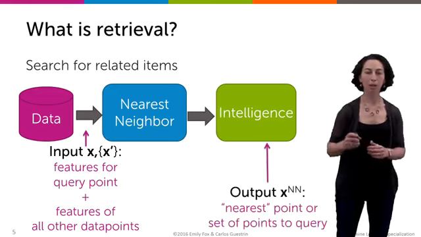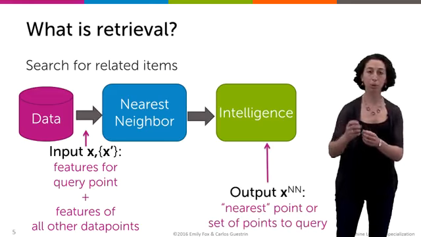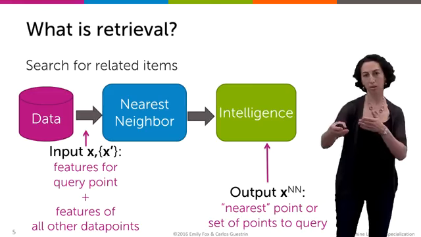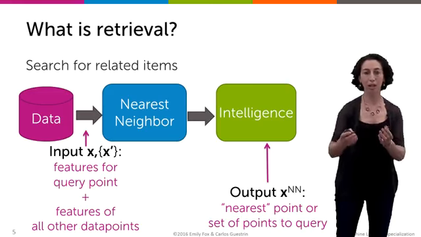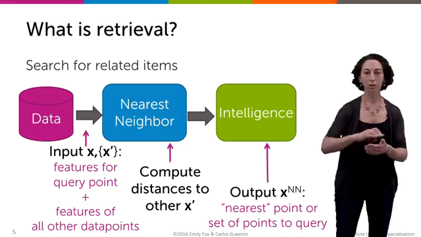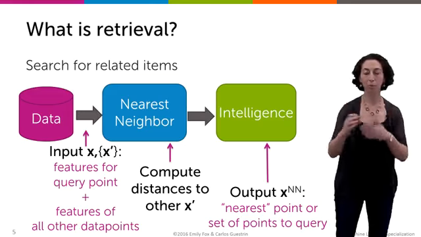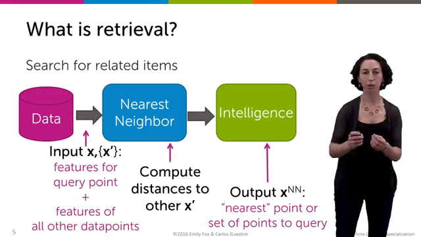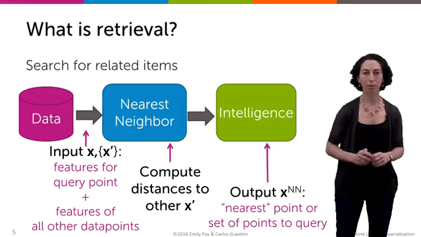And then the output is going to be the nearest neighbor to the query point, being the point within this entire data set that's most similar to this query point. So what's needed for our nearest neighbor search is to search over all these other data points and compute the similarity to these data points or their distances, and then return the one that's closest.